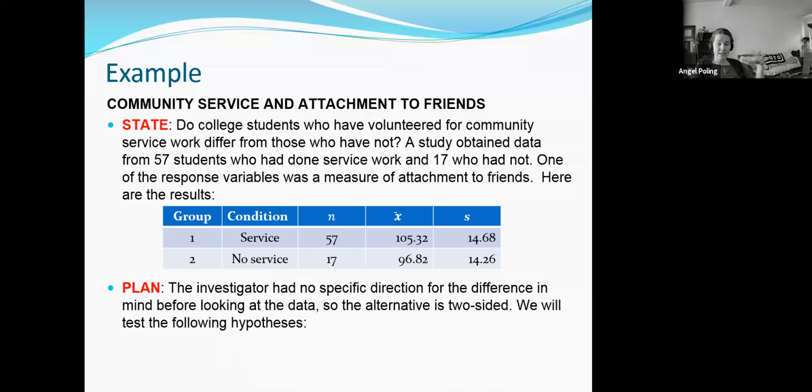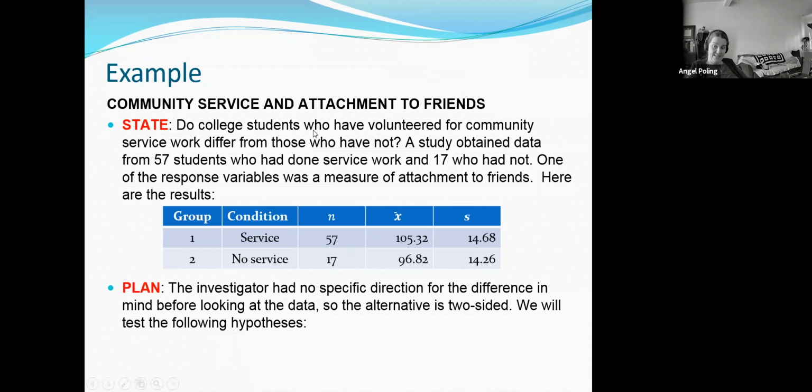The plan is that the investigator had no specific direction, so just a not equal to, right? No specific direction for the difference in mind before looking at the data. So the alternative is two-sided, and we're looking at a two-sided test here.